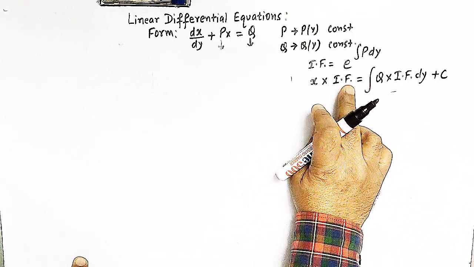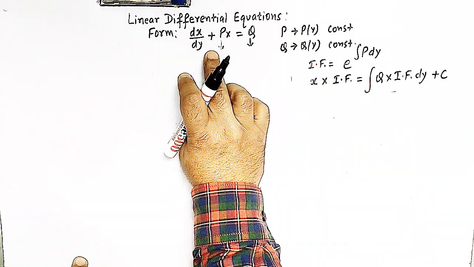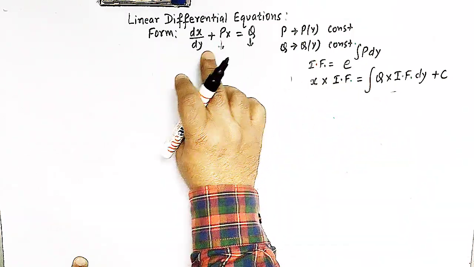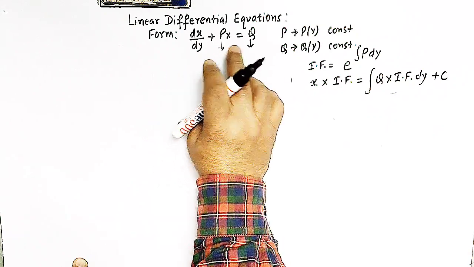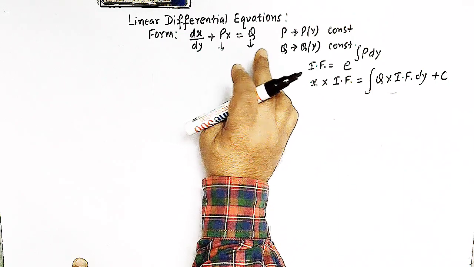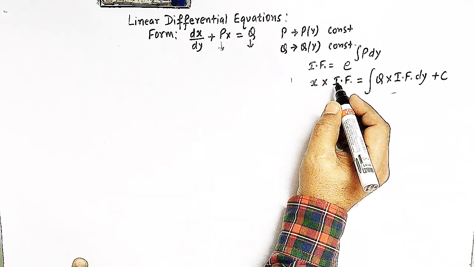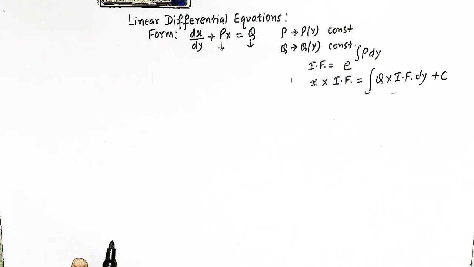So this equation gives us the general solution of linear differential equation of this form: dx over dy plus px is equal to q. And here y is the independent variable and x is a dependent variable. So let us solve some examples.